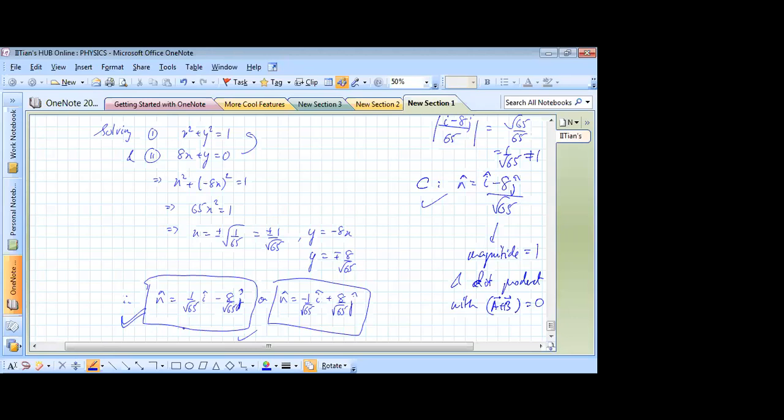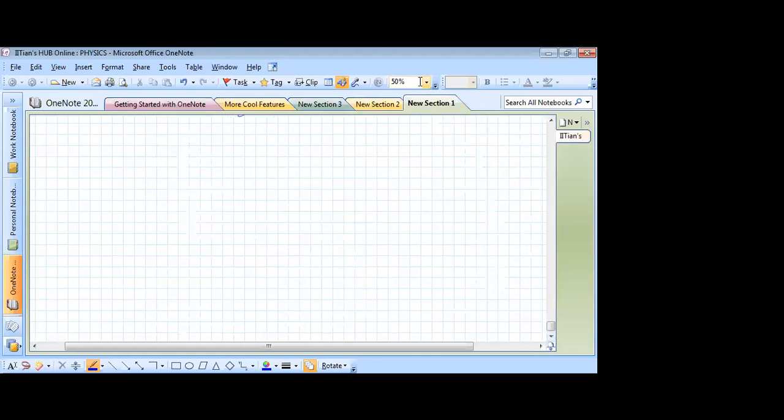Okay, so people, hope you finished the ninth question also. Ninth question, you have to just find the direction cosine. So it's a direct question.